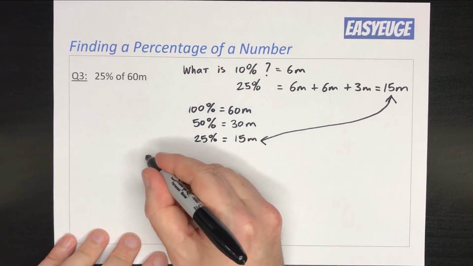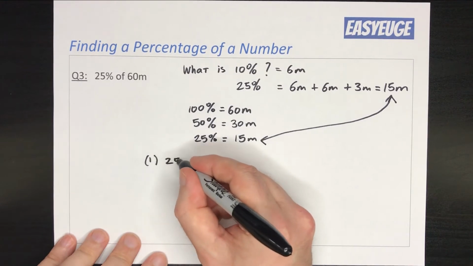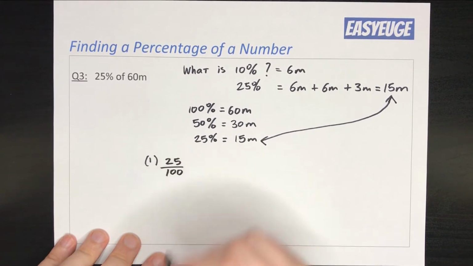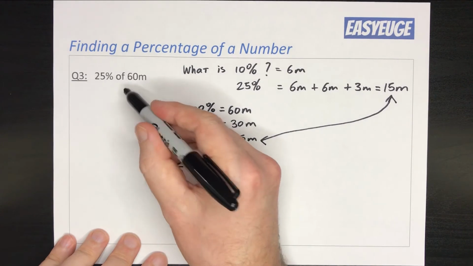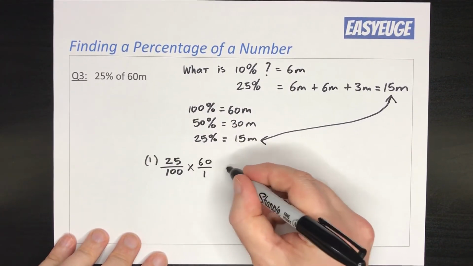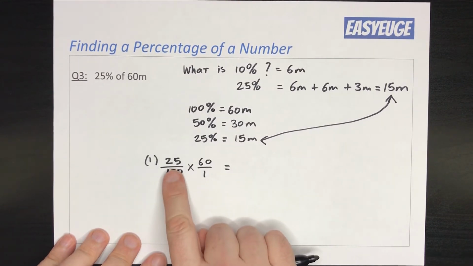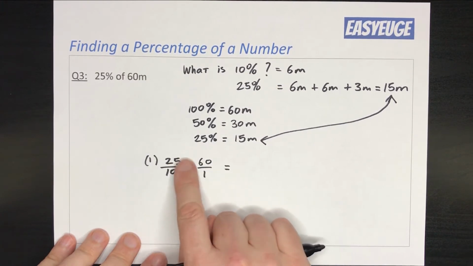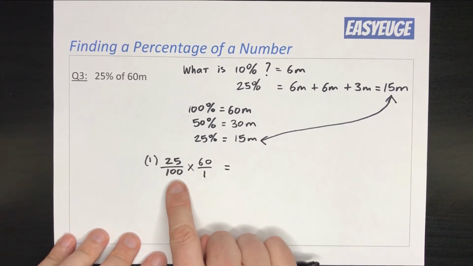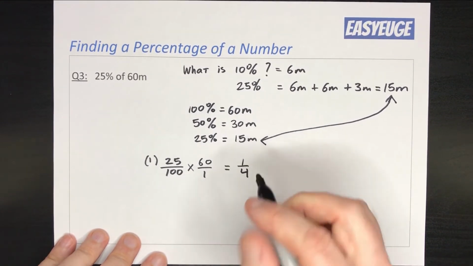Now let's also do this fraction form idea. So let's take 25% as a fraction, which is 25 over 100. Of means multiply. 60 meters is 60 over 1. And what does that equal? I don't fancy multiplying 25 by 60, so I'd like to simplify this fraction. 25 over 100 can be simplified as 1 over 4.